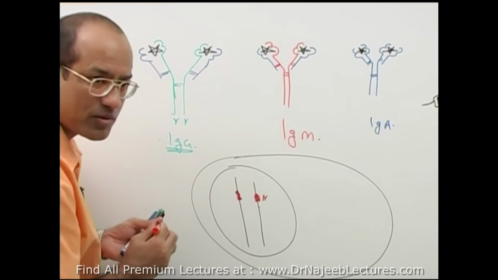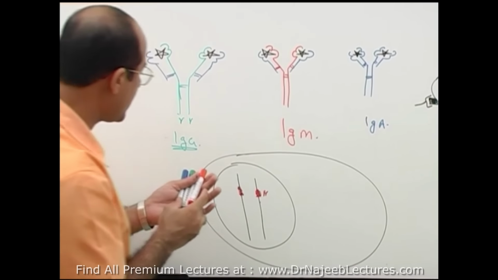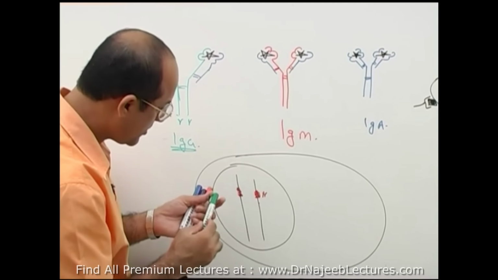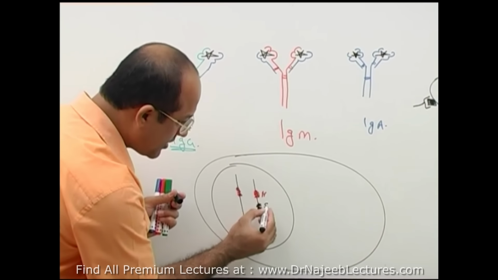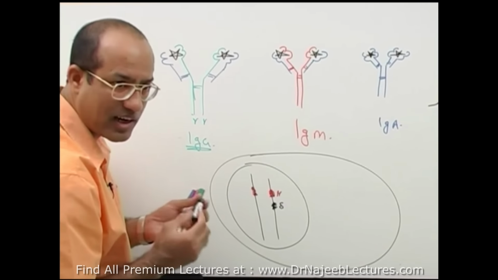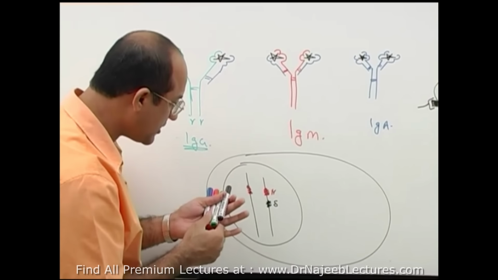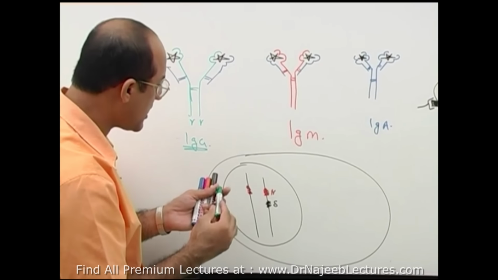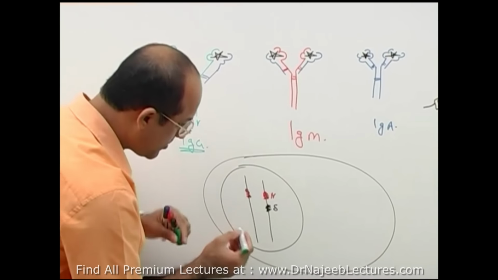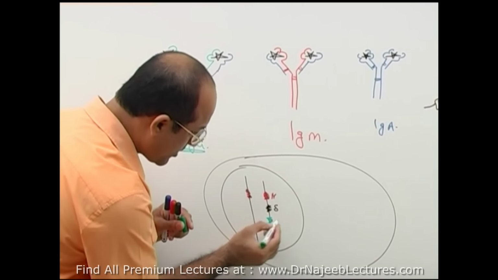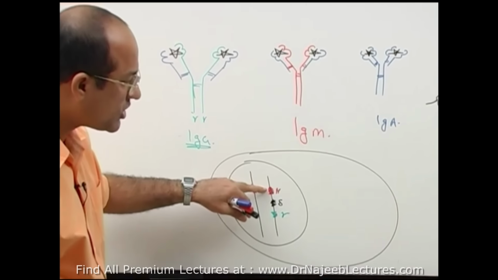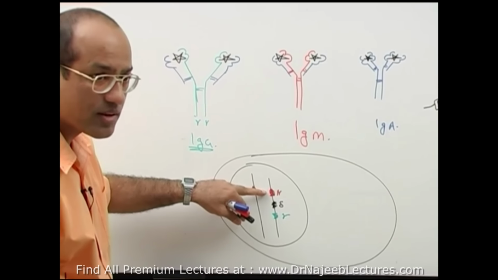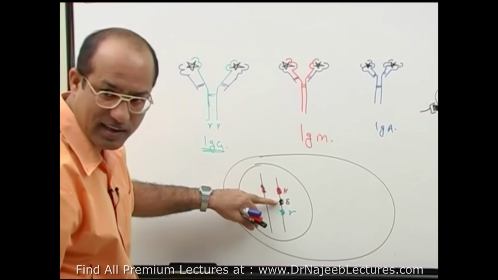And when this one starts expressing itself, you make which heavy chain? Delta. And when the next gene starts expressing itself, what is this? Gamma.